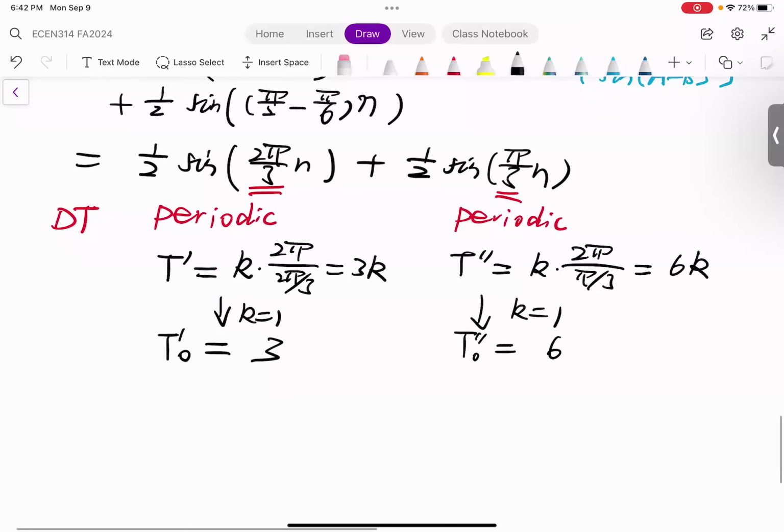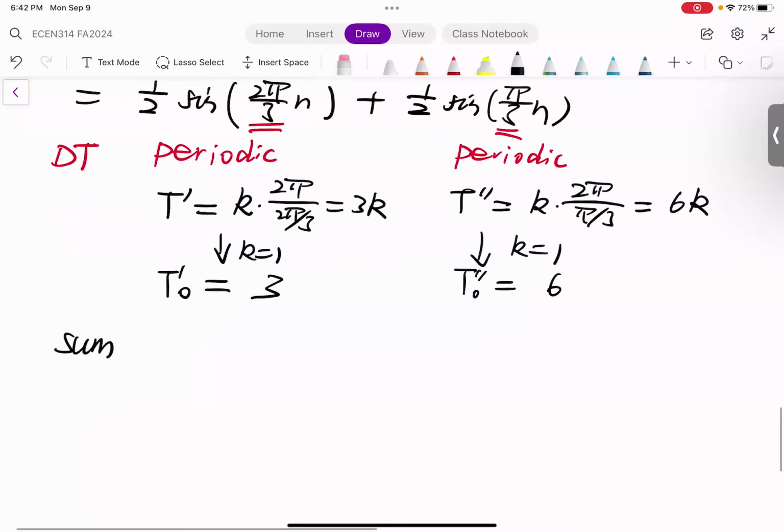But now the question is, what's the sum? Is the sum still periodic? Well, you can think of the following. You have one signal that's basically rotating, from the 3 o'clock, and then it comes back. It comes back every 3 seconds.